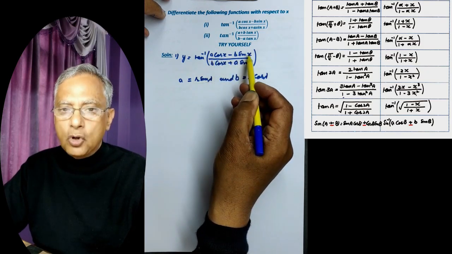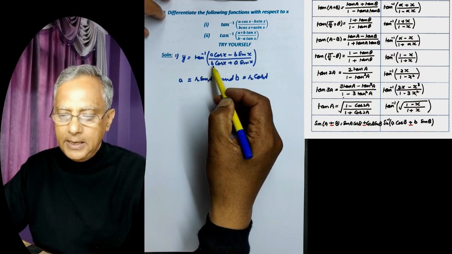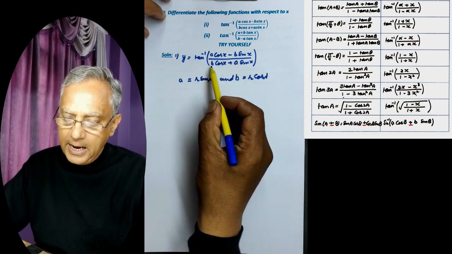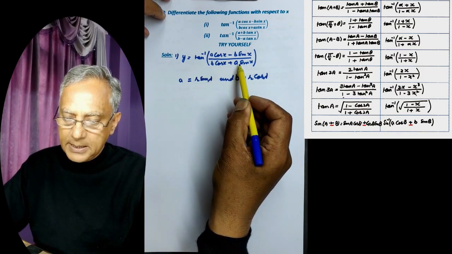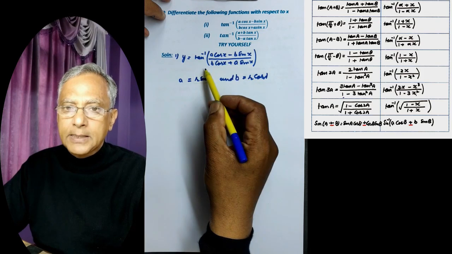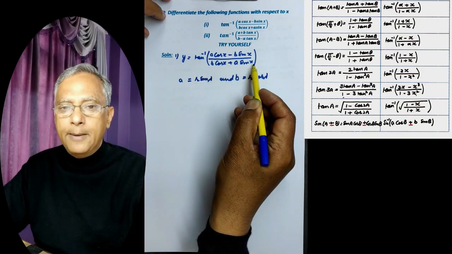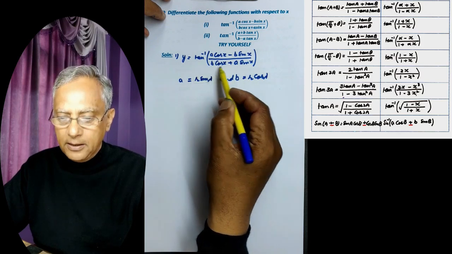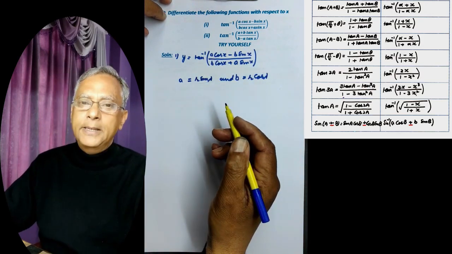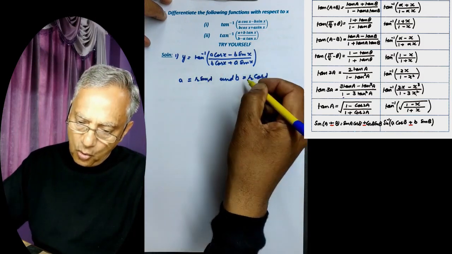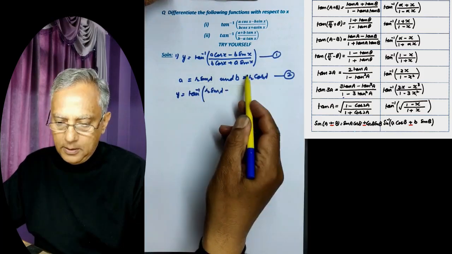Sin a cos b minus cos a sin b, which will be sin of a minus b. And similarly, here we will get r cos lambda cos x plus r sin lambda sin x. R will be common, we will have cos lambda cos x plus sin lambda sin x. And this will give cos of a minus b. So this question will be simplified. So we make these two substitutions.